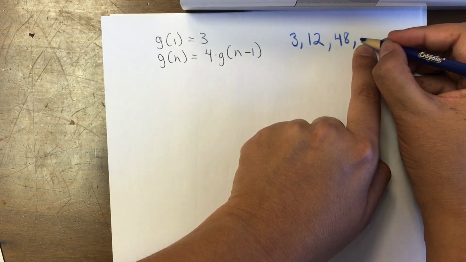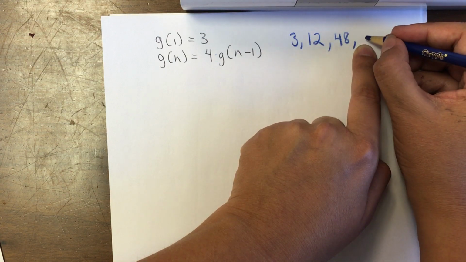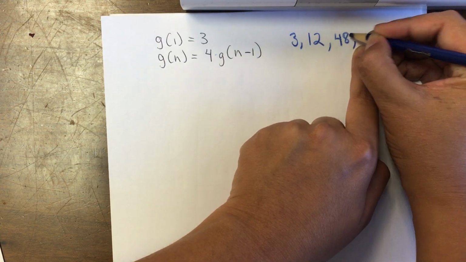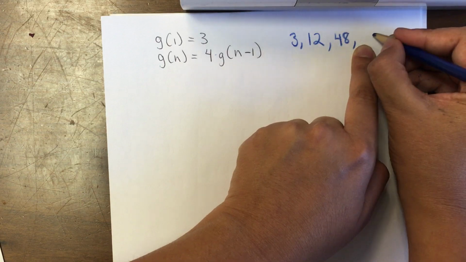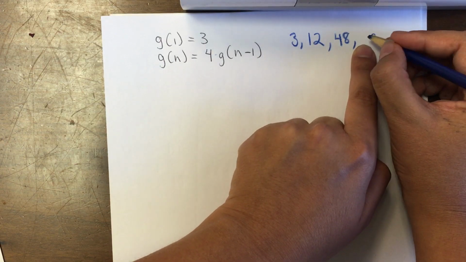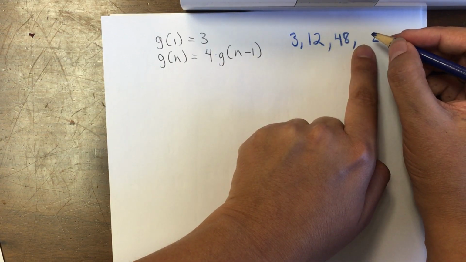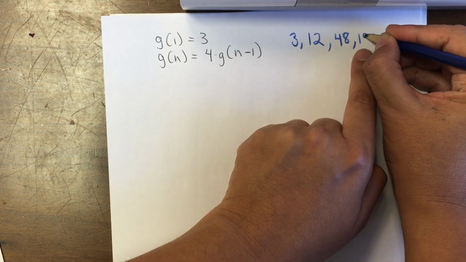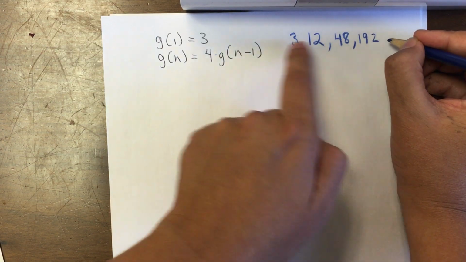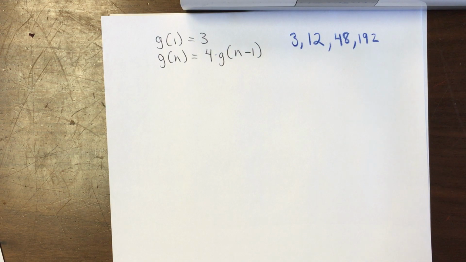Times 4 again. That one I do have to work out because I don't know it by memory. So 4 times 8 is 32, carry 3. 4 times 4 is 16, and 3 is 192. And it's asking only for 4, so we'll leave it at that.